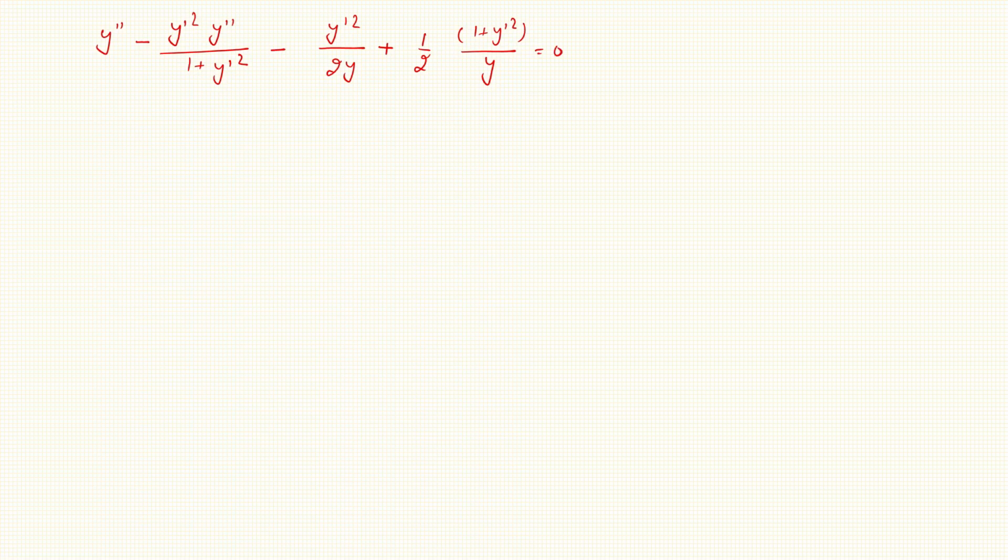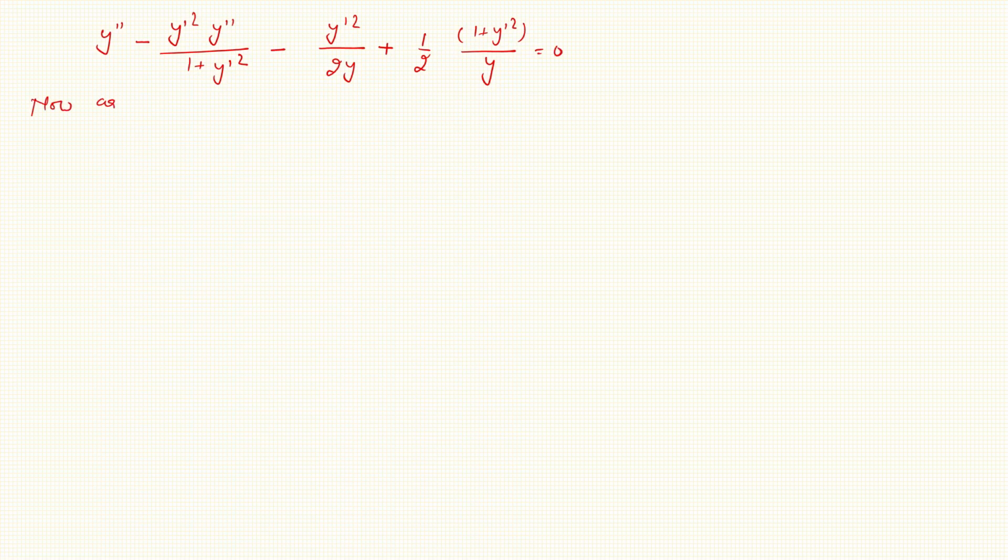Y double prime minus y prime square y double prime upon 1 plus y prime square minus y prime square upon 2y plus 1 upon 2 (1 plus y prime square) upon y is equal to 0.